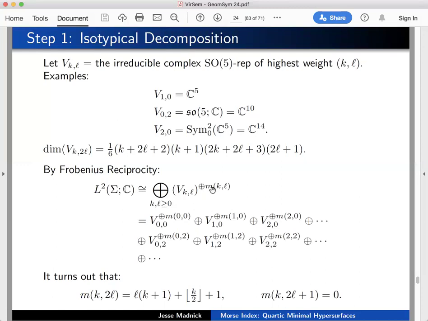So you need to call up your local representation theorist and figure out how to calculate this M_KL explicitly. In this case, SO5 mod T2, we were lucky that this was not that complicated. Here these end up being the multiplicities, and V_K odd ends up not being relevant.